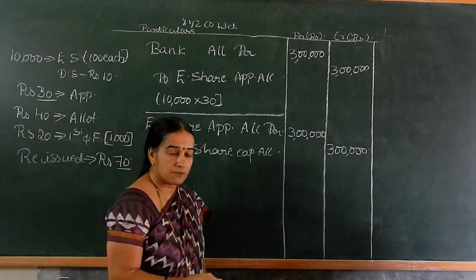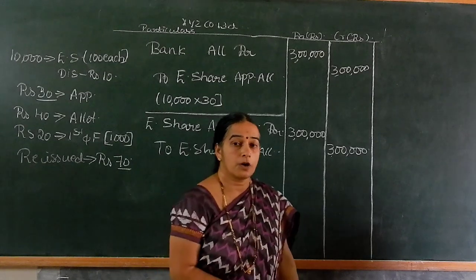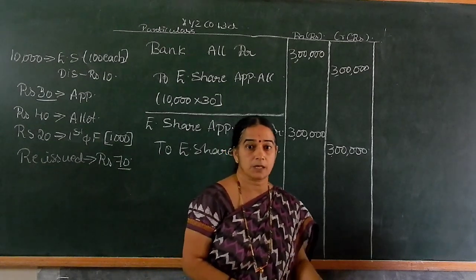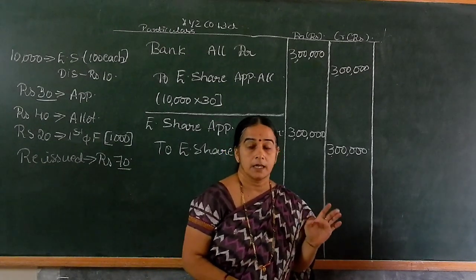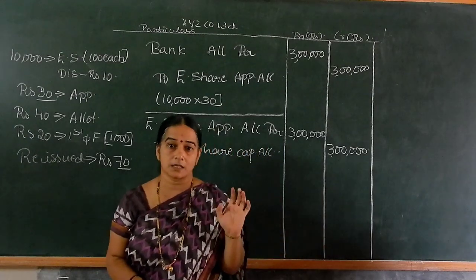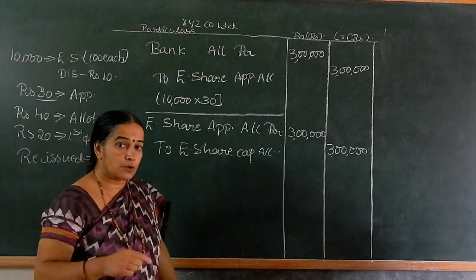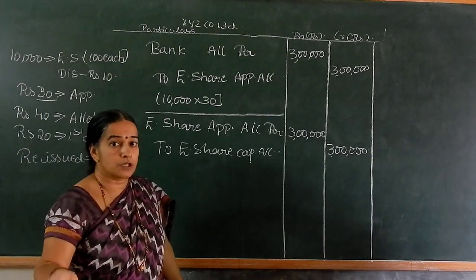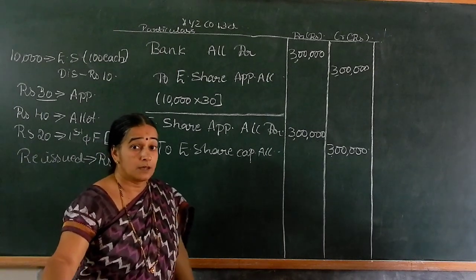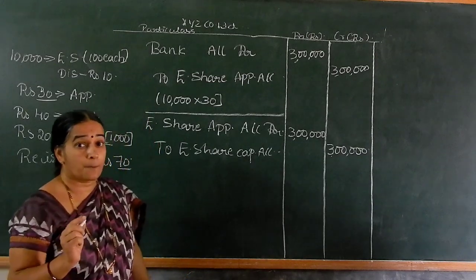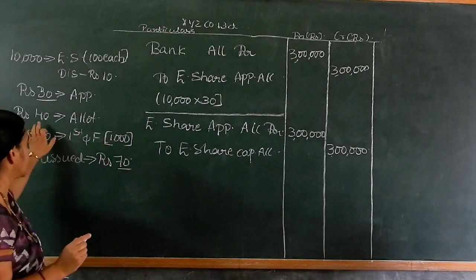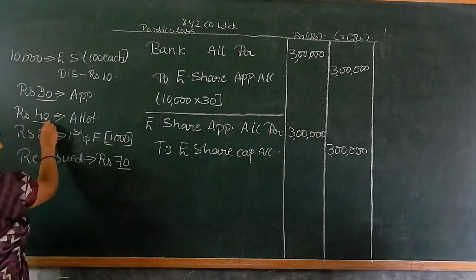If there is a full subscription or minimum subscription, then the company will start allotment of shares. When the company allots the shares to the applicants, they have to pay the allotment money. And what is the allotment money?